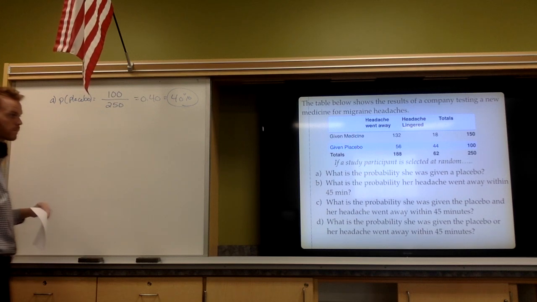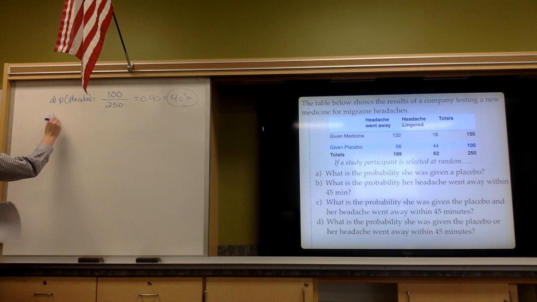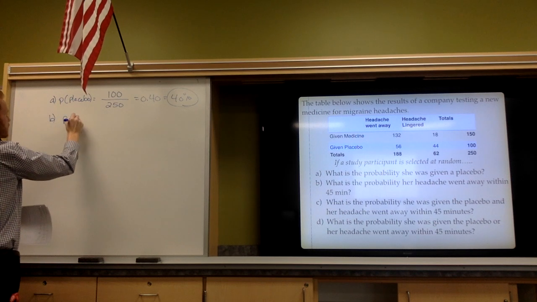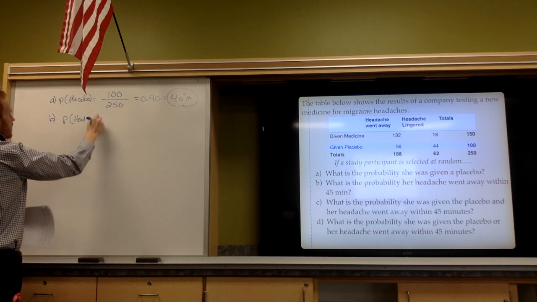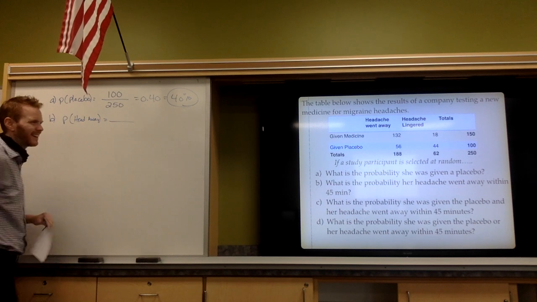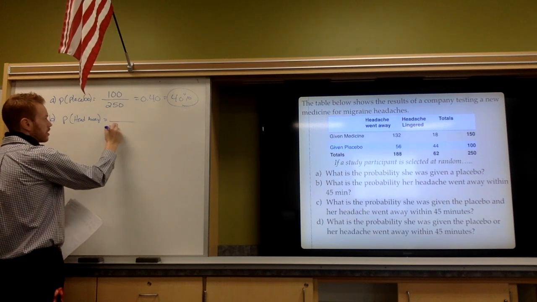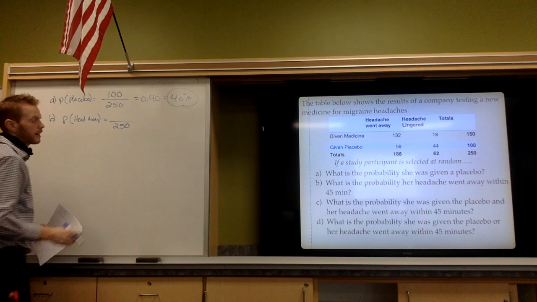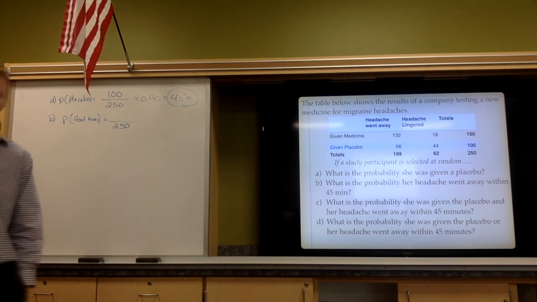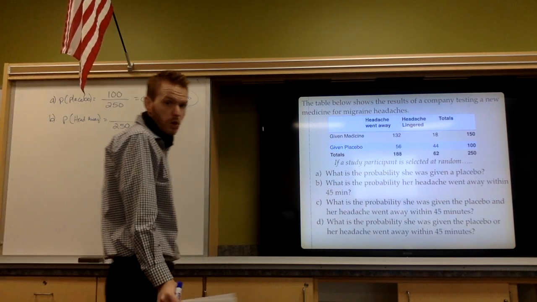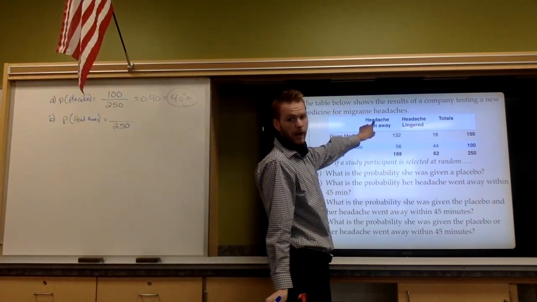Okay? Part B. What's the probability that our headache went away within 45 minutes? So headache, we'll say head away. Our headache went away. All right? So how many total people were there again? There were 250, right? Out of this group, how many of them had their headache go away? So go where the category is. Headache went away.